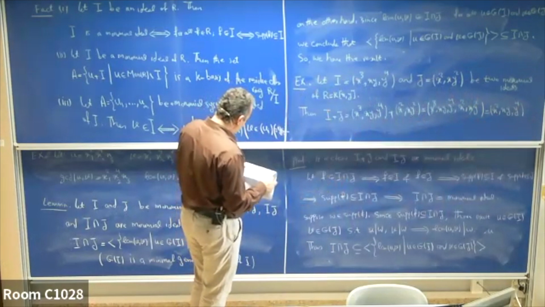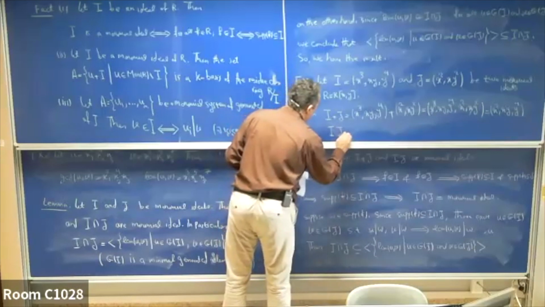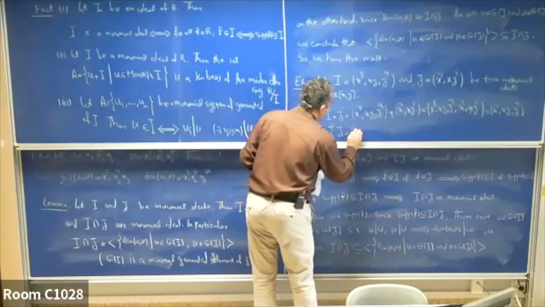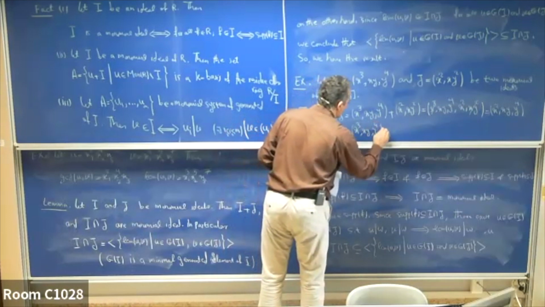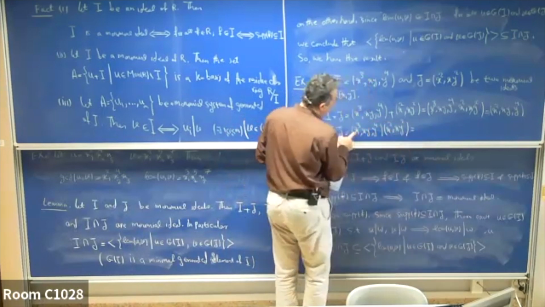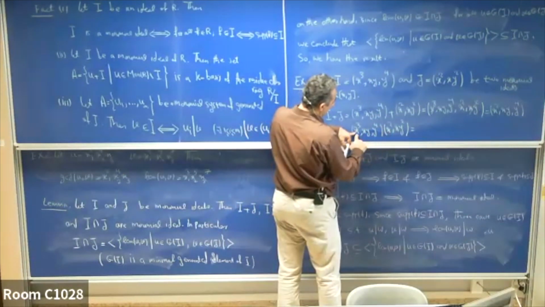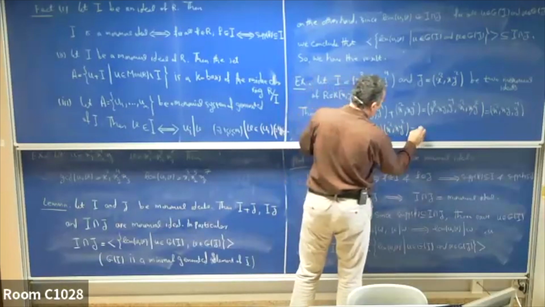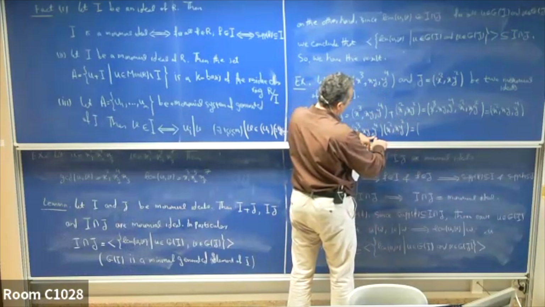This is the sum of I and J, and so the product of I and J is equal to the multiples of these elements: x^3 multiple of x^2 and x^3 multiple of this one, and also this one multiple of x^2, and y^4 multiple of this one and y^4 multiple of this one.